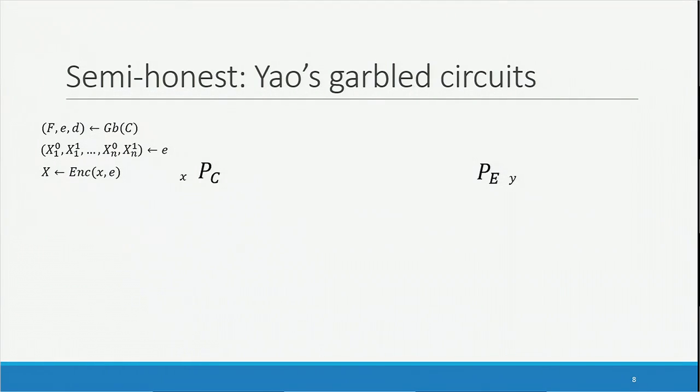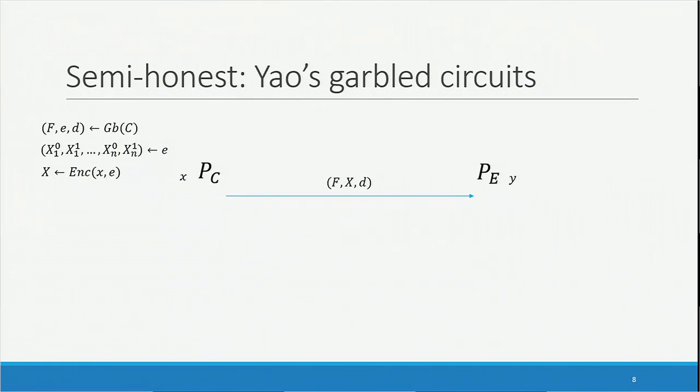So if your input is a bit string X, then you can encode your input as either 0 or 1 for each of these bits. He now encodes this input, and he now sends this over. He sends the garbled circuit, the encoded input, and the decoding information. And as you can see, this is exactly what the privacy guarantee gives you, that this doesn't leak anything.